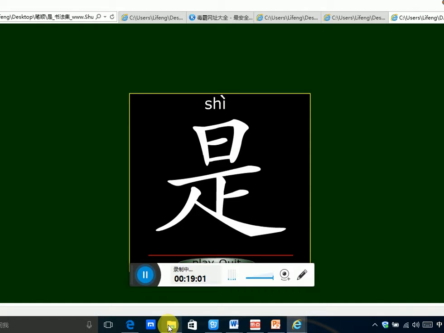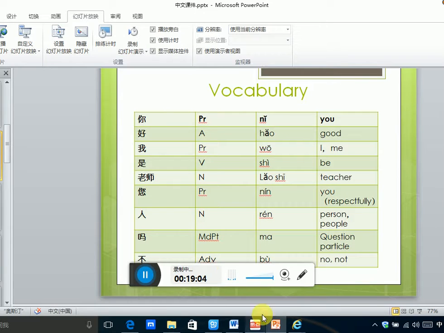And we're going back. Okay, we got 老师. It's a combination word for teacher.